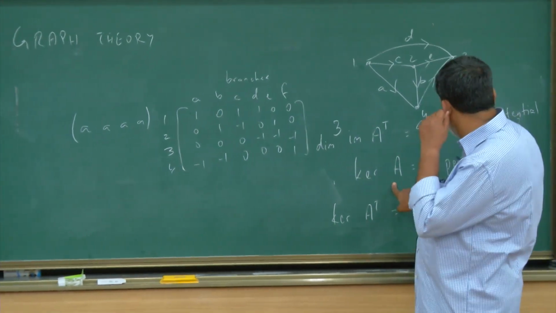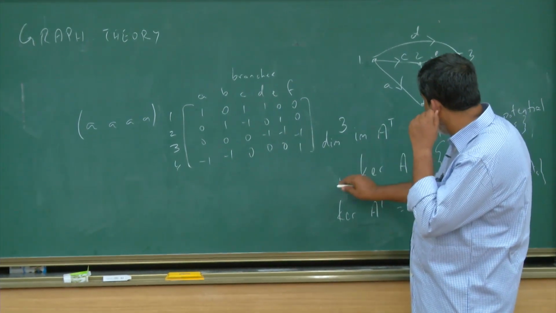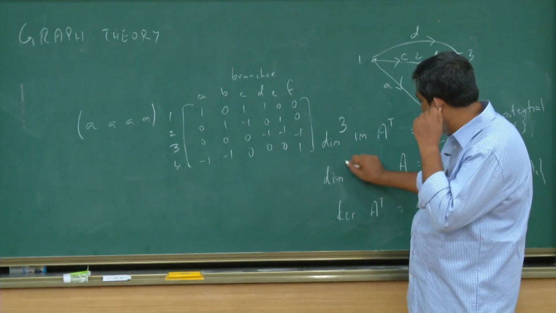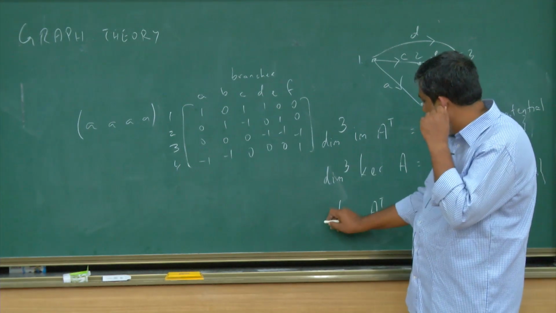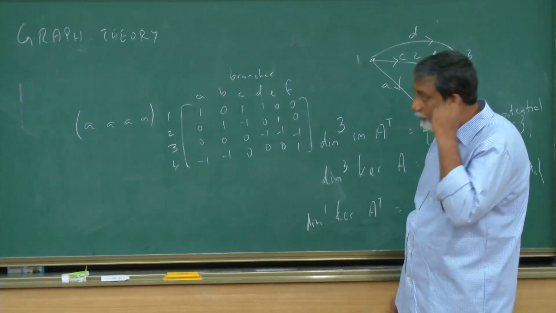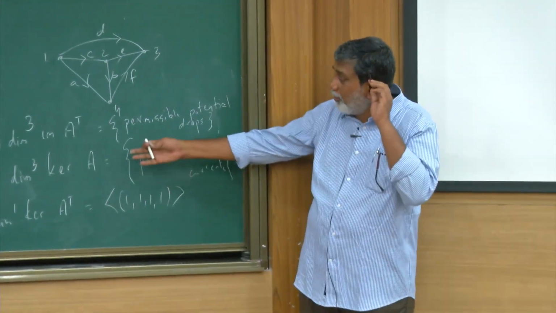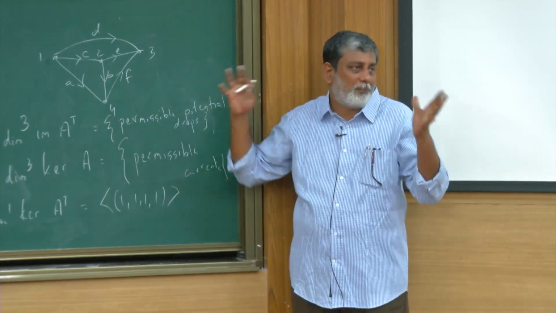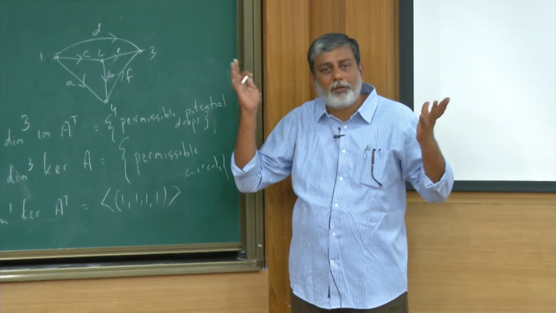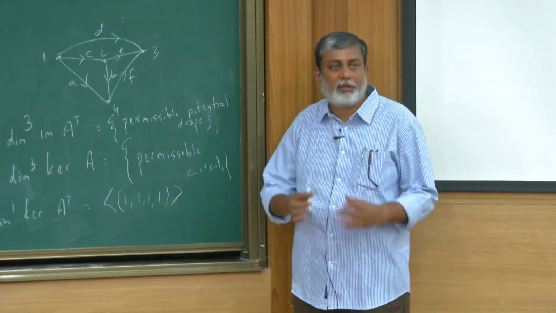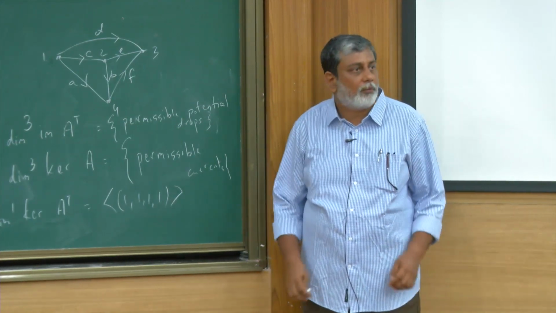Kernel of A, oh sorry, anyway, this is also dimension 3, and this dimension 1. Okay, and I'm not looking at image of A because from the way we are interpreting it, image of A does not make much sense. Yeah, because current can't be accumulating at the nodes.